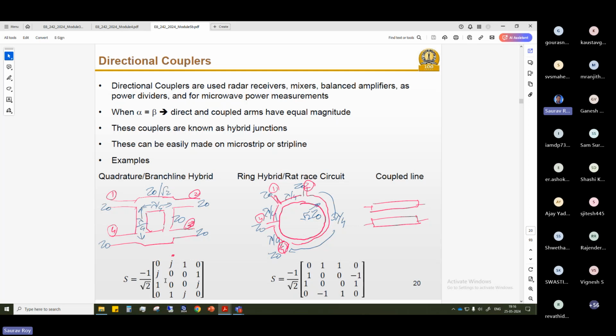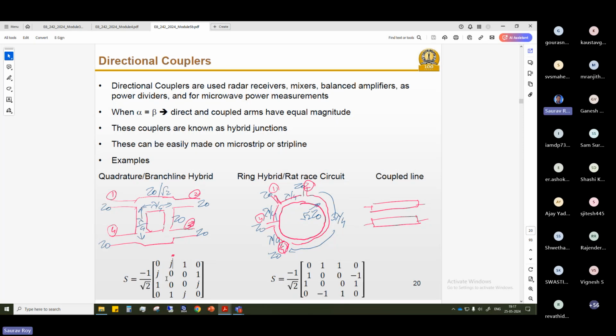But there is a phase difference between the two. What is the phase difference? That is again pi by 2 or 90 degrees, because there is a lambda by 4 line in between ports 2 and 3, right? So S21 and S31 have almost the same power, but there will be a 90-degree phase shift between them. And S41 is again 0 because they are isolated.